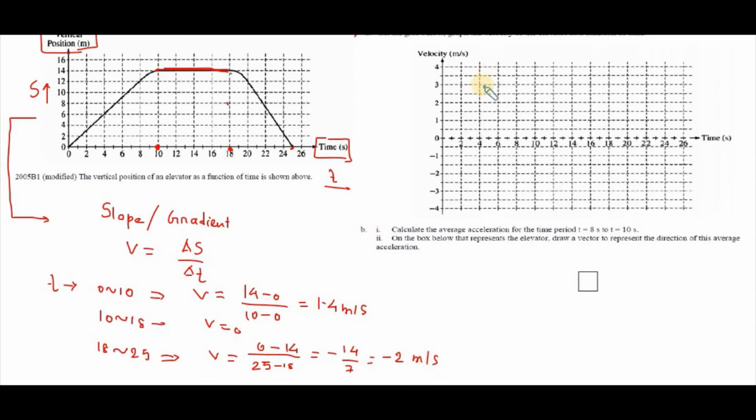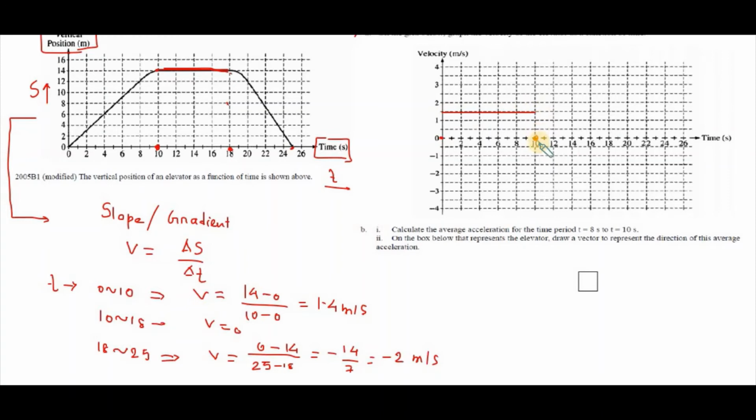Now if we want to plot the graph, between 0 to 10 seconds it would have the positive 1.4, slightly below 1.5, around this line.